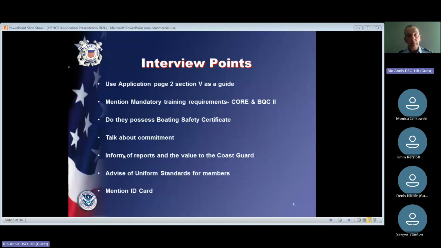Talk about commitment. I have people that I interview and talk to, and I get to the point about commitment that I need them to commit to something. The reason they're joining the auxiliary is because apparently they want to do something, and we know it is volunteer, and they can commit to only what they're able to do with the time they have.